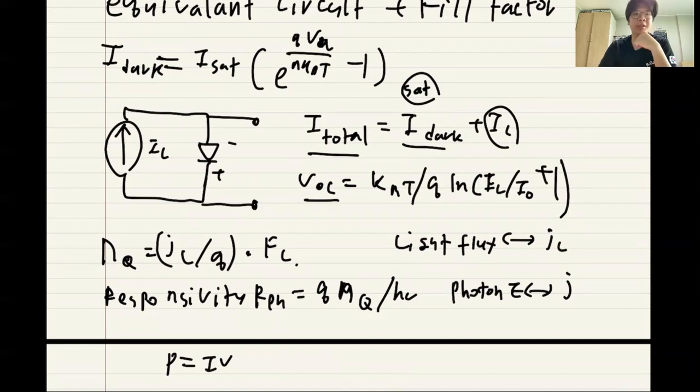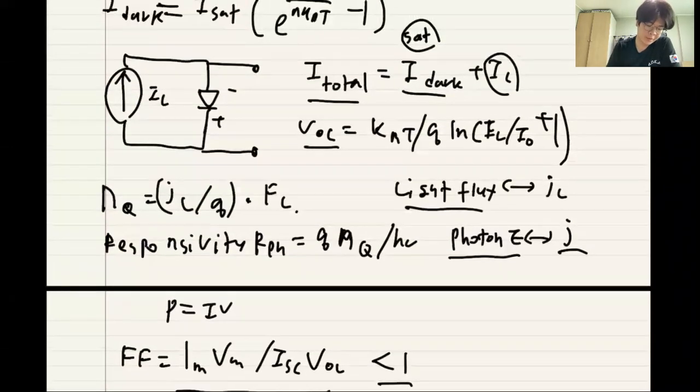The quantum efficiency means how much current flux can be generated due to light flux, and the responsivity is R_ph, which means how much photon energy delivered to the solar cell can be generated into current.